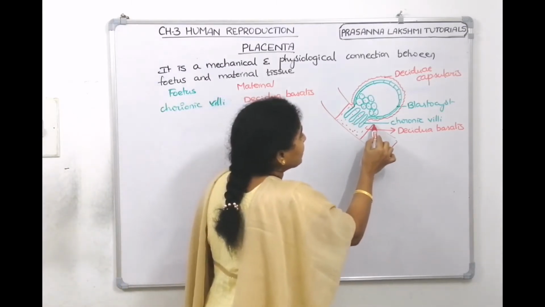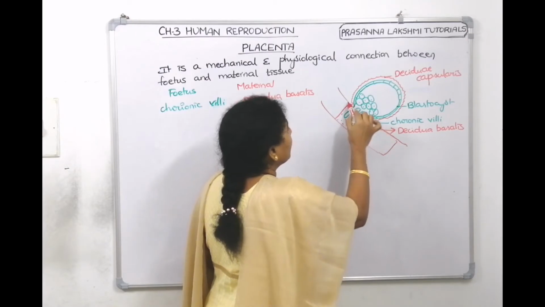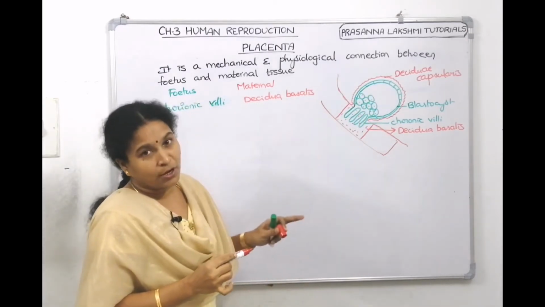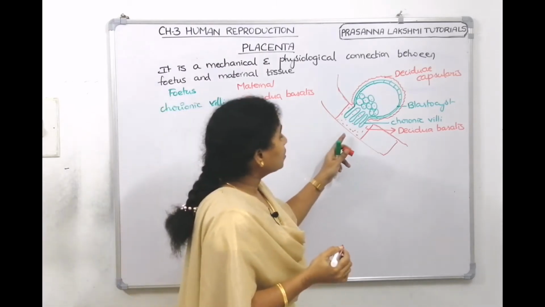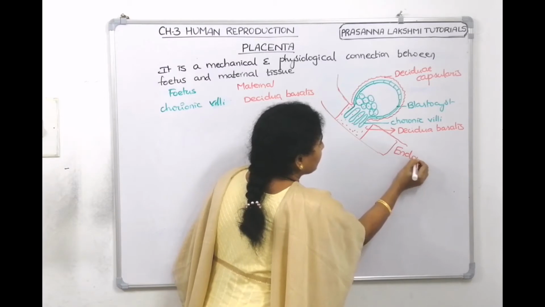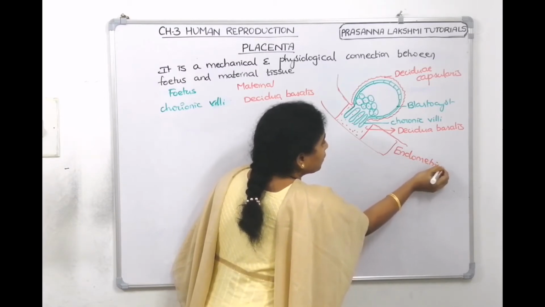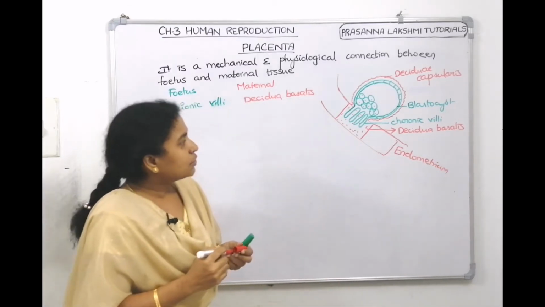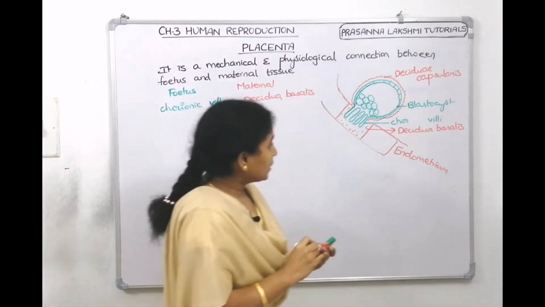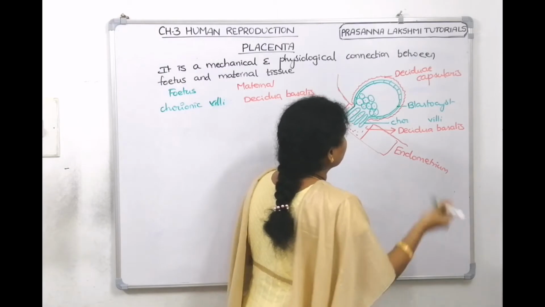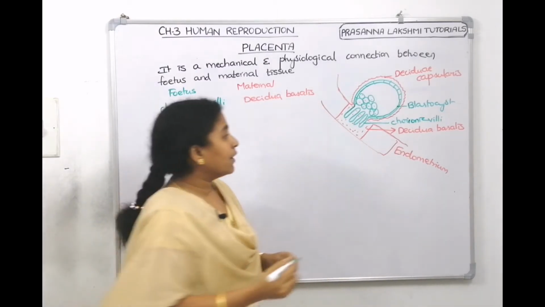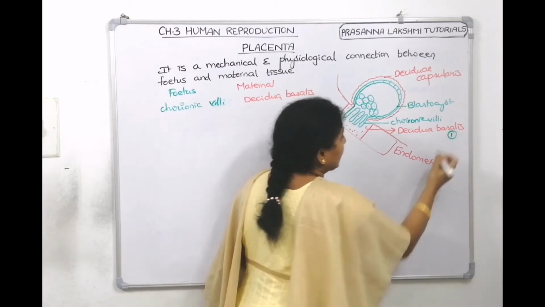It is this region, which is not in contact with the chorionic villi. The first portion of the endometrium which is interdigitating with the chorionic villi is called Decidua basalis.